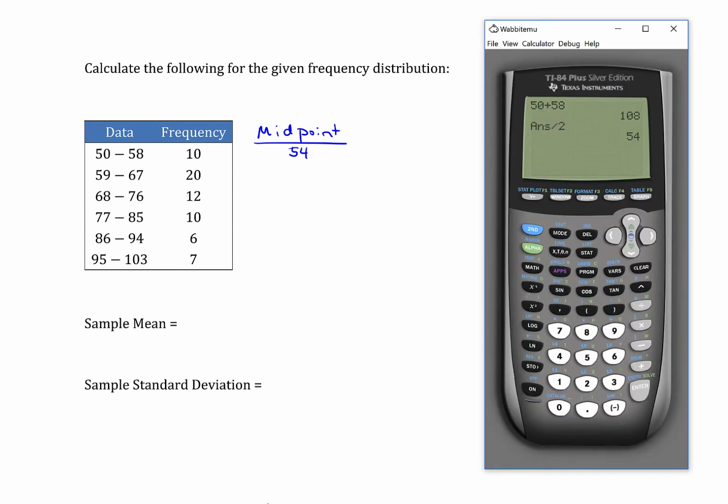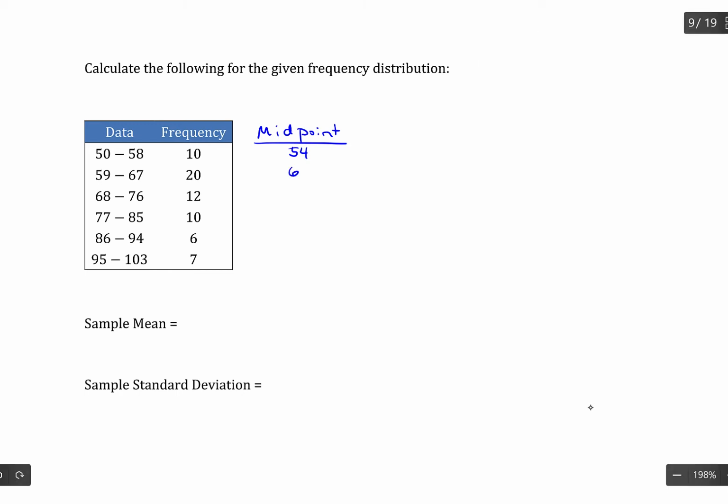And then I can get the midpoint of the next class, taking 59 plus 67, dividing that by 2, and that is 63. If you'll notice here, the difference between any two consecutive lower class limits and upper class limits is 9, and that's our class width. These midpoints are also off by 9.